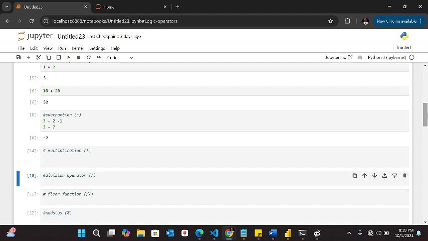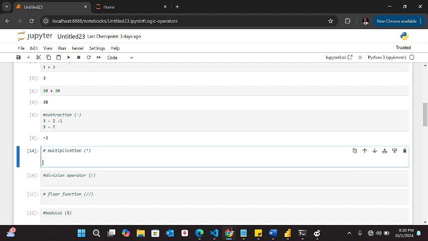Another arithmetic operator we have is the multiplication operator, right? The multiplication operator is symbolized with the asterisk sign, and it's used to perform multiplication on numbers.